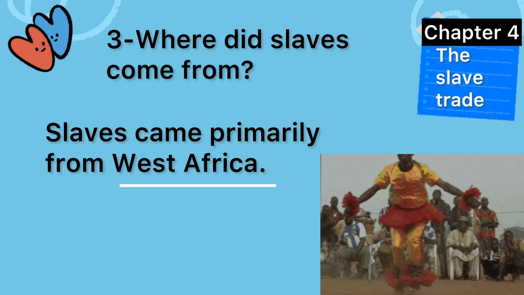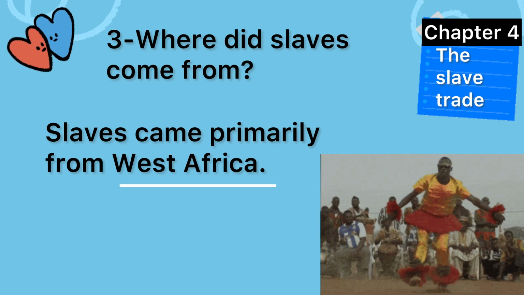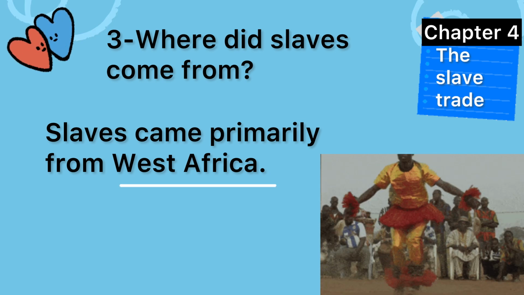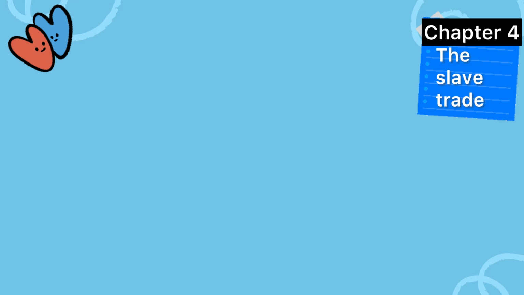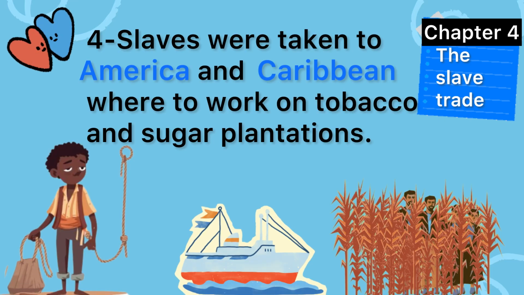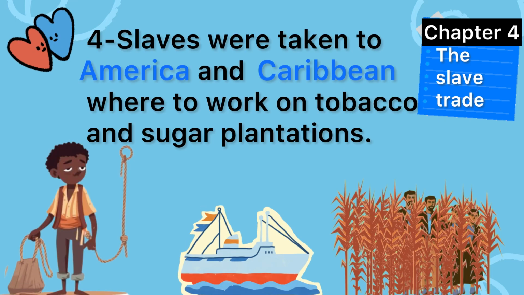Slaves came primarily from West Africa. Slaves were taken to America and the Caribbean to work on tobacco and sugar plantations.